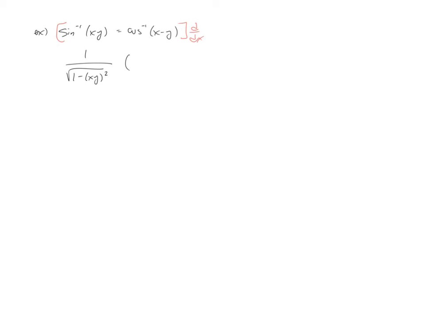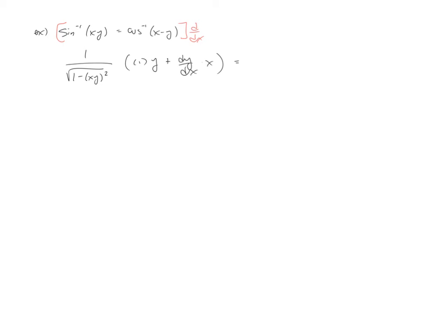And this will need to be a product rule. Derivative of x with respect to x is 1 times the second, plus derivative of the second with respect to x would be a dy dx back times the first.